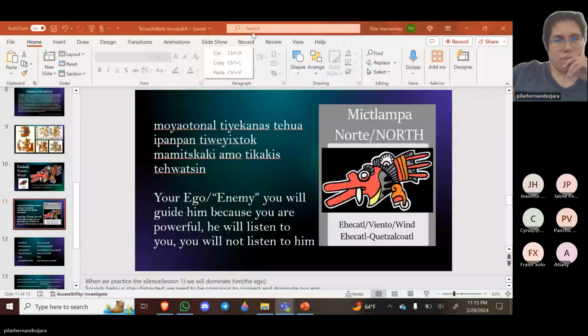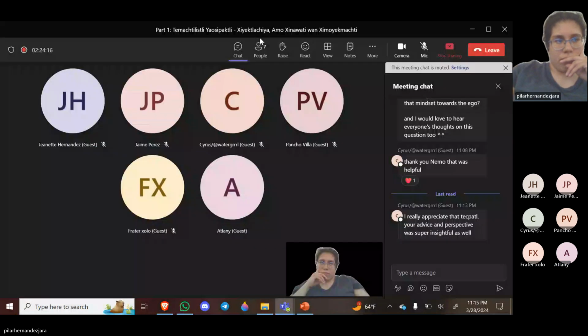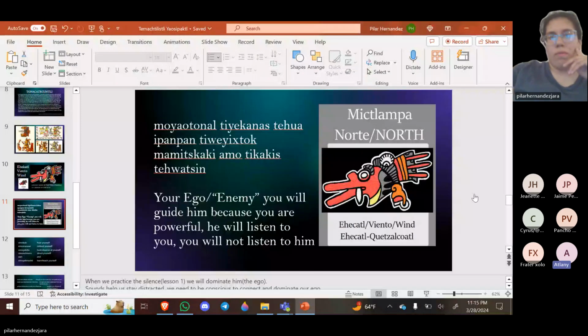When the conquistadors came to Anawak, essentially they asked where people went after they passed away, right? And the answer was Mictlampa. In the translation, the actual meaning of the word was mist.